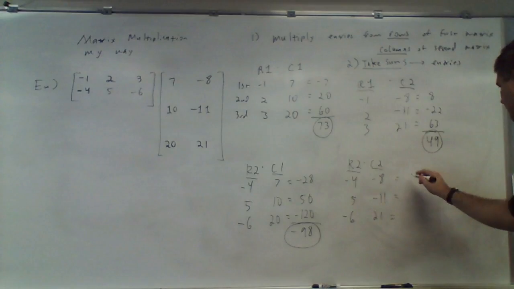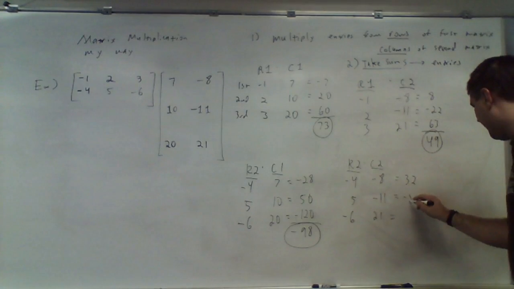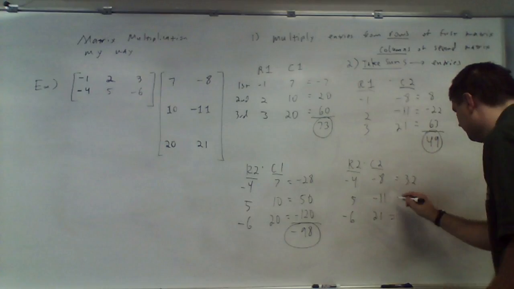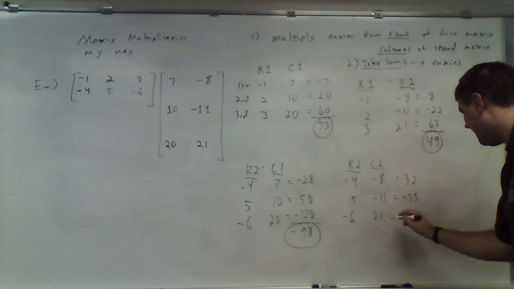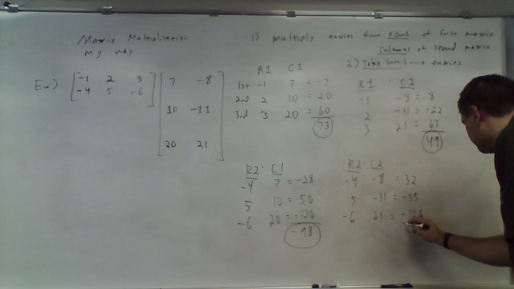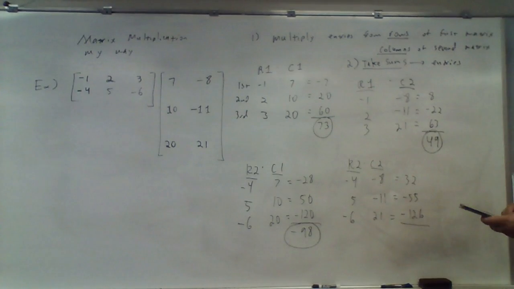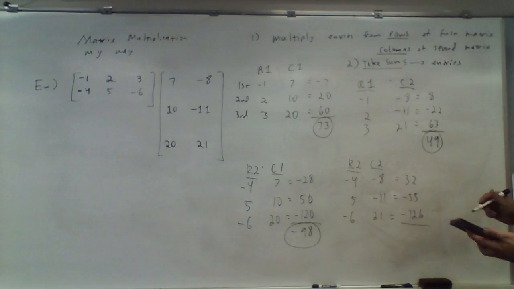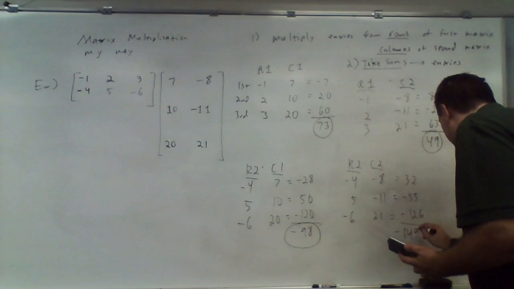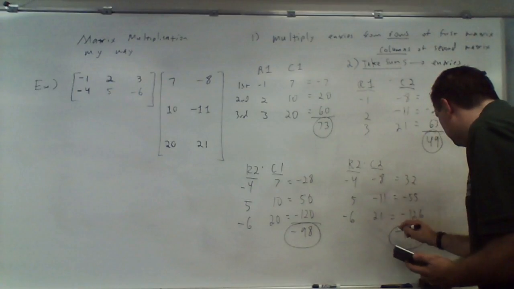All right, so that's going to be 32, that's negative 55, and that's negative 126. So 32, negative 55, negative 149. All right.